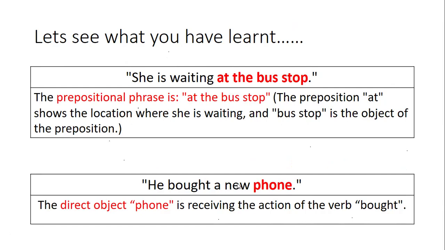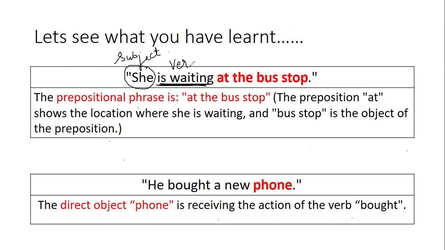Moving ahead. She was waiting at the bus stop. She, whom are we talking about? We are talking about some lady or a girl, a female. The whole sentence is revolving around a noun, a naming part, a subject. So this is our subject. What action is the person doing? She is waiting. This is the action that she is doing.